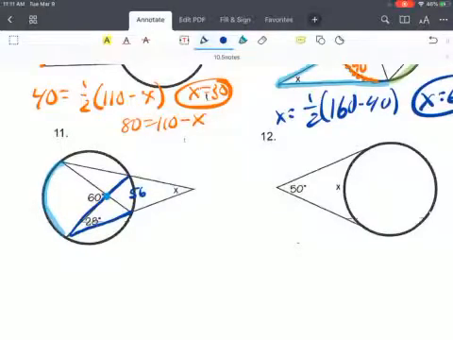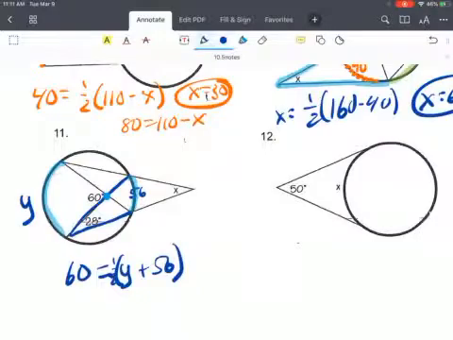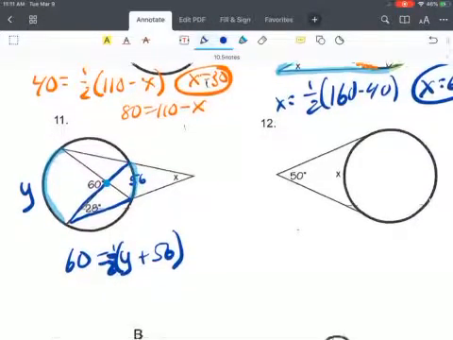That means that 60 is equal to half the sum of the two arcs that correspond with it. The other arc that corresponds with it is 56. So 60 is equal to, let's call that y, y plus 56 times a half, half of the sum of the arcs, which will give me y is equal to 64.